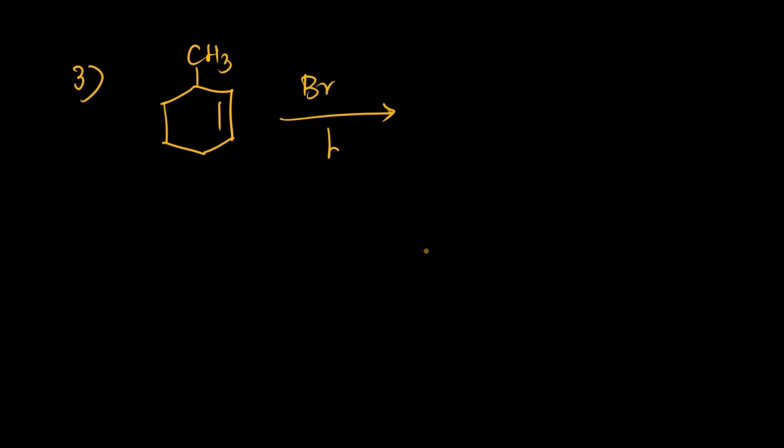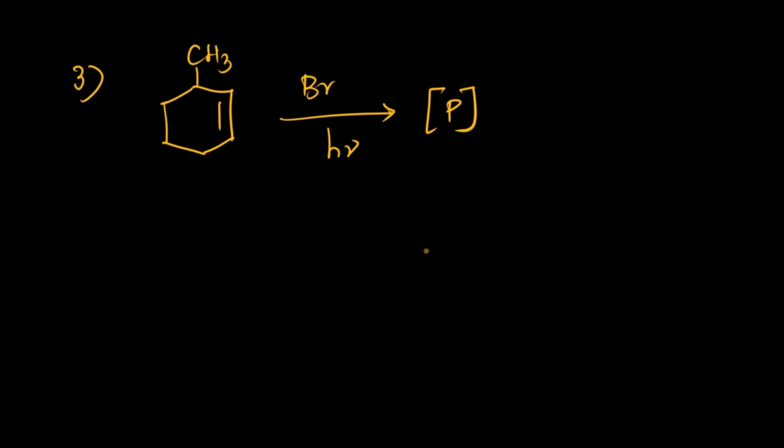Let's see one more question, which is asking CH3 with Br2 and light. It is giving us a product. So what would be the product? That goes by free radical mechanism, we know that.